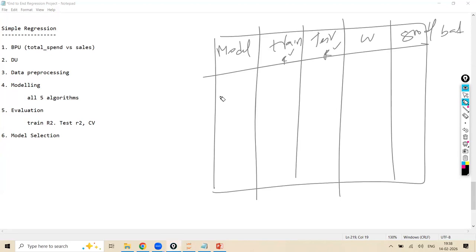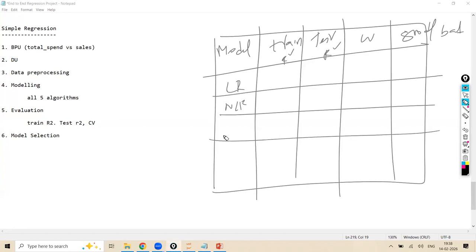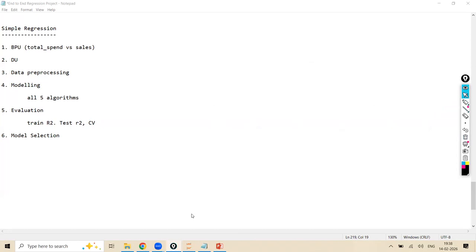Let me write for each of them, starting with linear, non-linear, lasso, ridge, and elastic, all 5 of them, and let us identify which is finally the best one. Okay, let us have a 10 minute break, and from here we'll conclude this project.